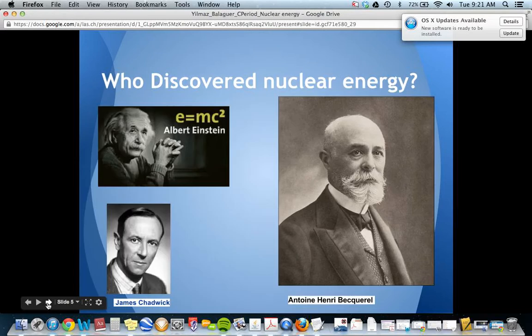And who made the discovery of nuclear energy? Albert Einstein found the atom, and James Chadwick is the finder of the neutron, and he also found uranium fission. Tony Handberg found the X-ray, and he also found the effect of radium.